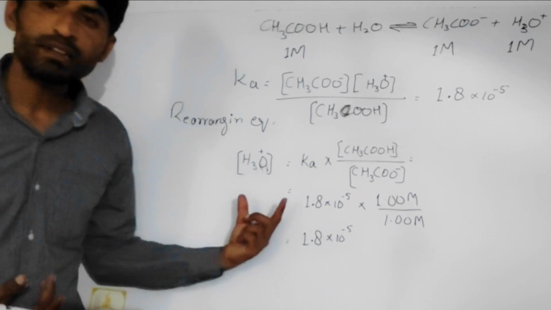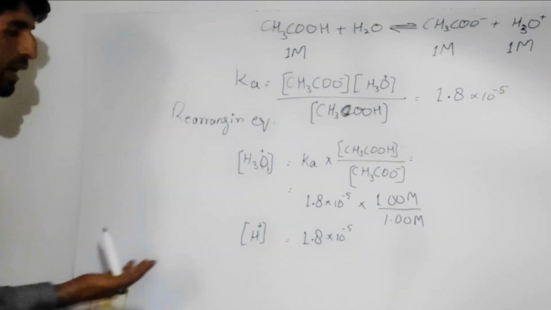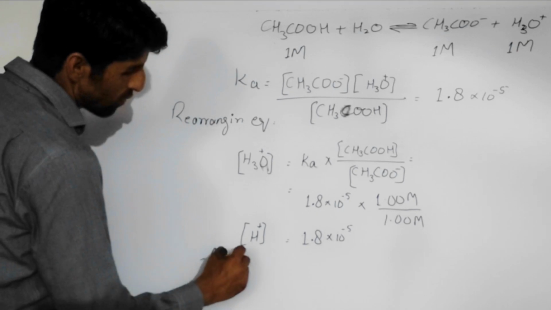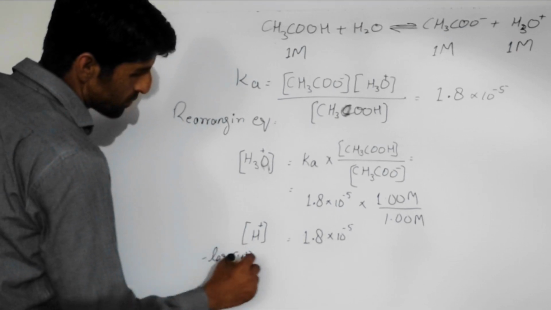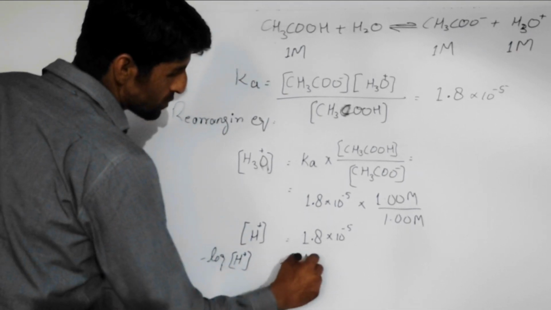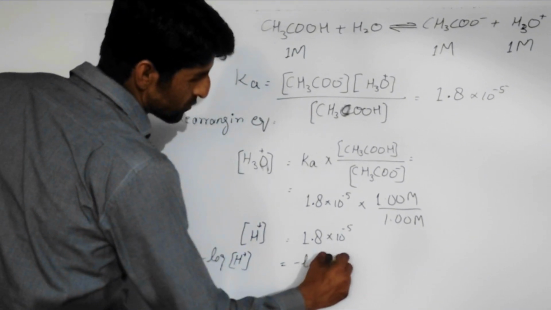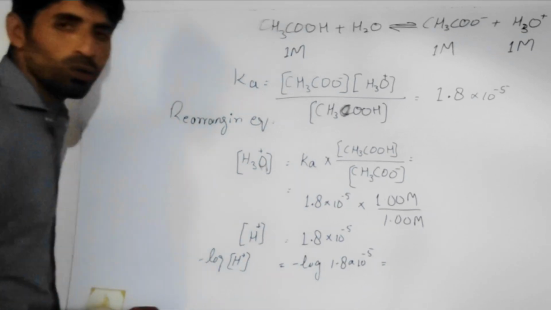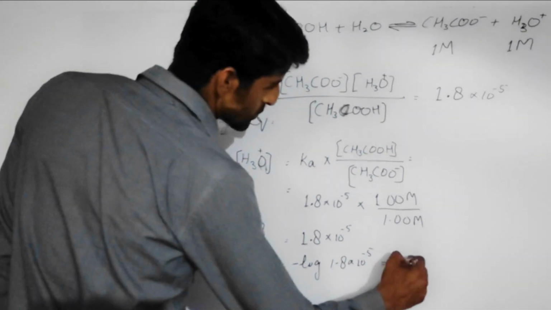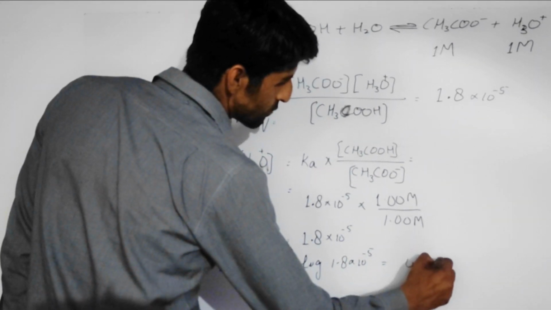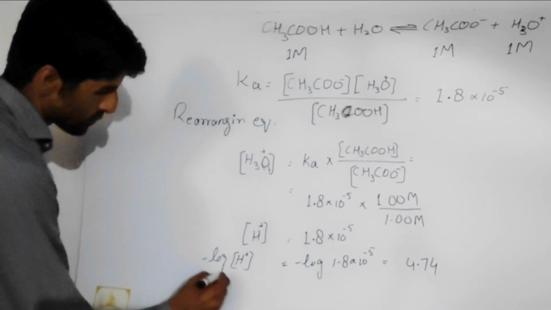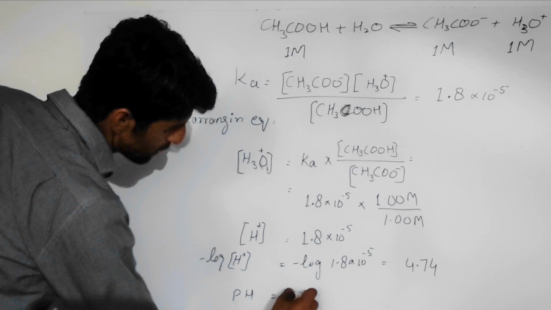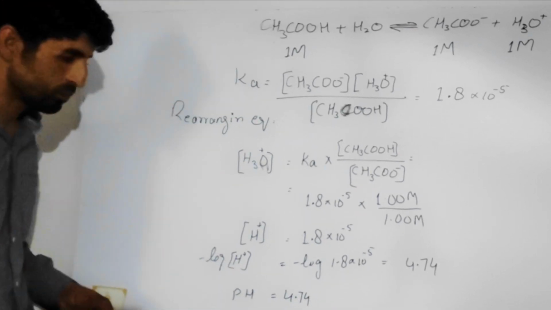Now, in order to find the value of pH, let's take the negative log on both sides of the equation. The negative log of the concentration of hydrogen ion equals the negative log of 1.8 into 10 raised to power minus 5, and this value comes to 4.74.